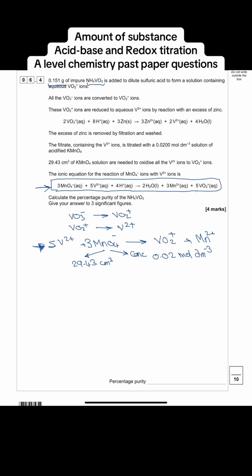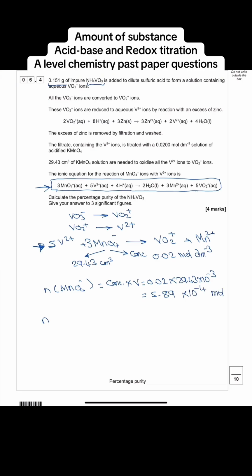So we need to determine the number of moles and convert that into mass. So first of all, we need to determine the number of moles of the manganate, and the moles will equal the concentration times the volume in decimeter cubed, so 0.02 times 29.43 times 10 to the minus 3. That will give us the number of moles, which is 5.89 times 10 to the minus 4 mole. This is the manganate.